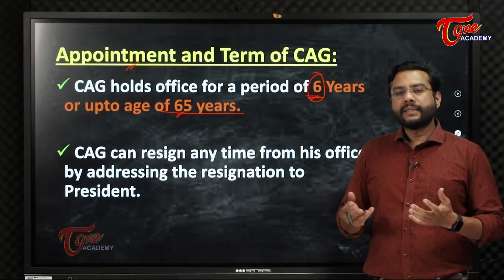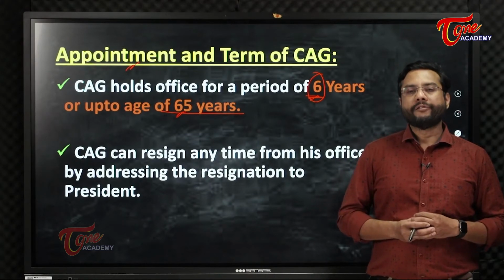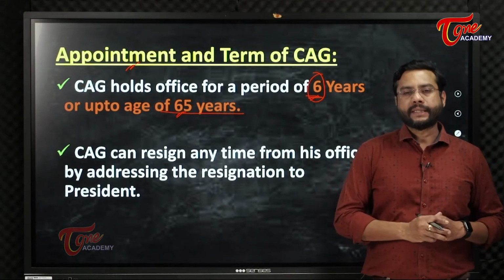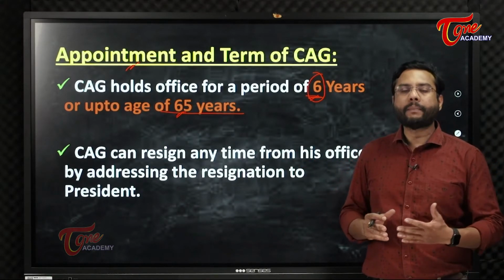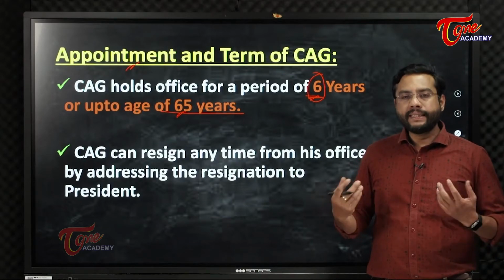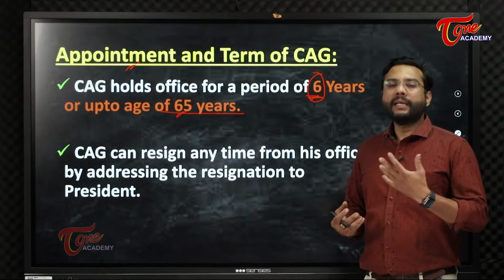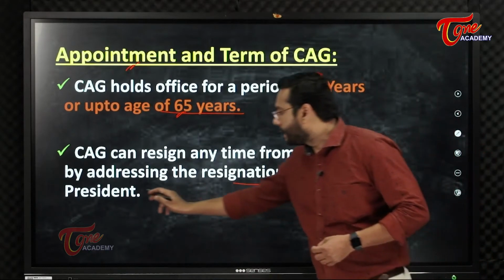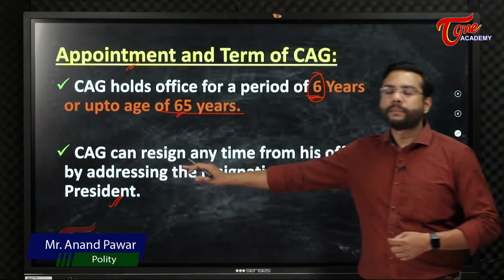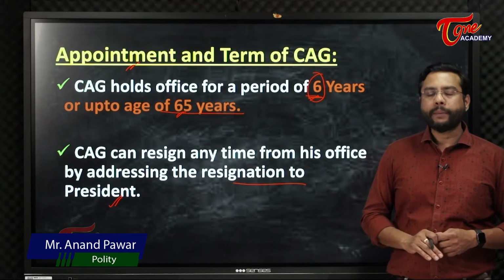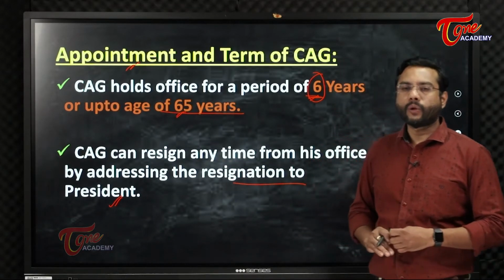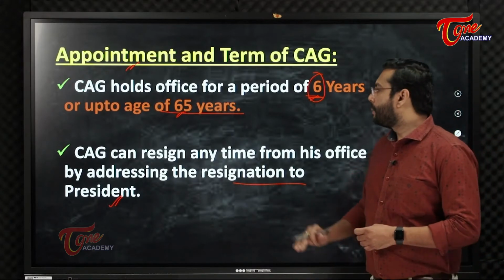So the CAG may resign on various grounds. That is, before completion of the 6 years, the CAG can be removed by the parliamentary process, or the CAG can resign by giving his resignation letter to the President of India. As the President is the appointing authority, and has appointed the CAG, the resignation of the CAG is also handed over to the President.